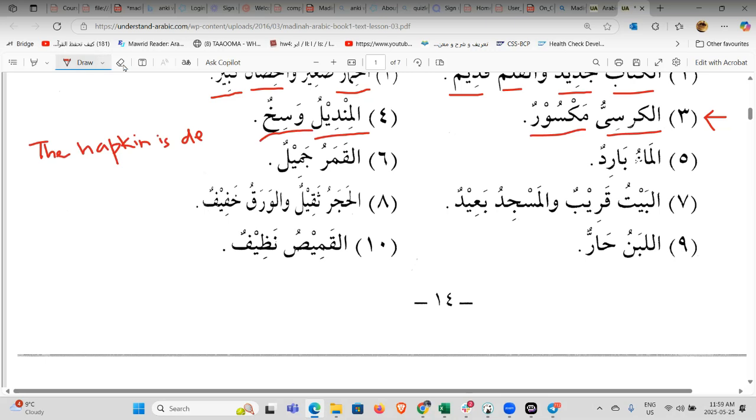Dirty will be with an I. Okay. The next one is al-ma'u, the water, baridun, is cold. Al-ma'u barid, the water is cold.